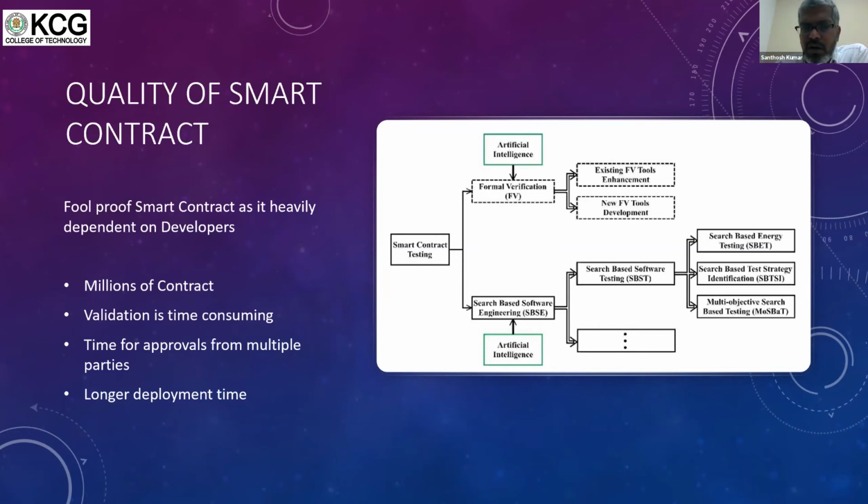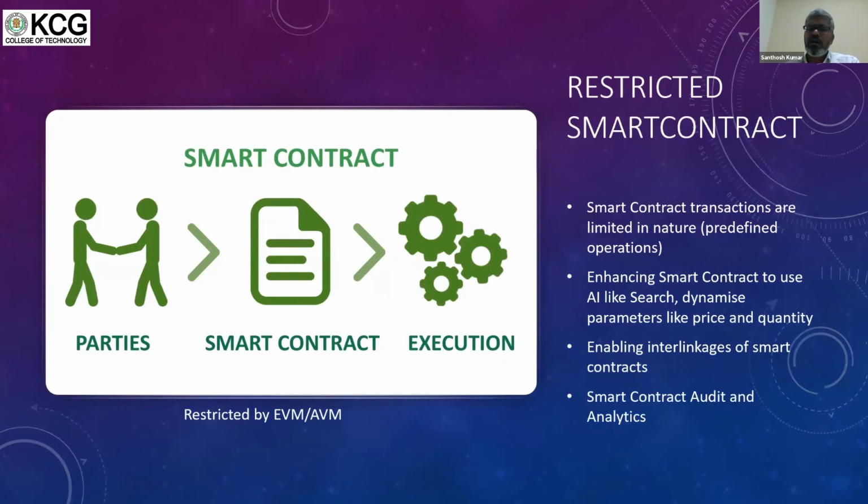Because of that, most blockchain technologies today minimize the operations which can be performed within the smart contract, to bring determinism into the entire smart contract operations.